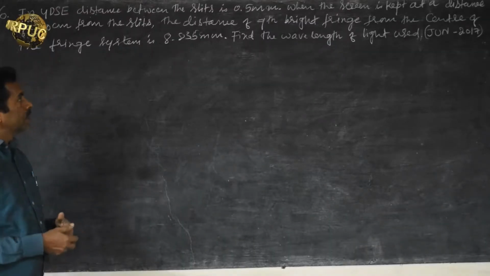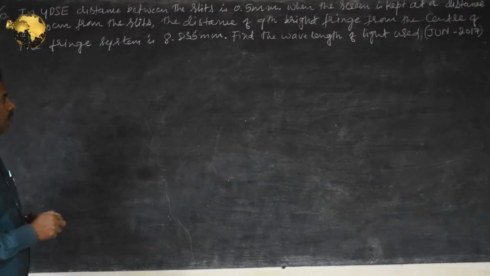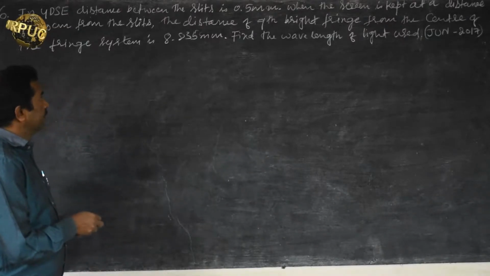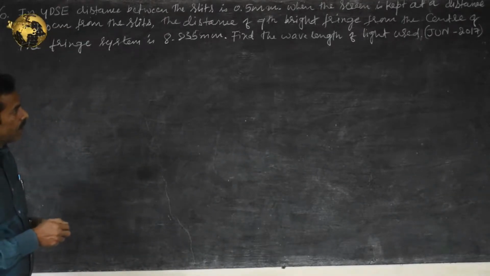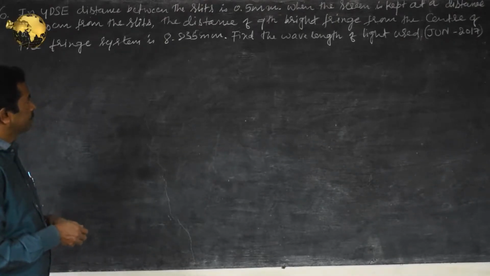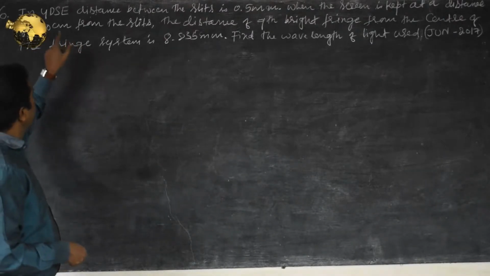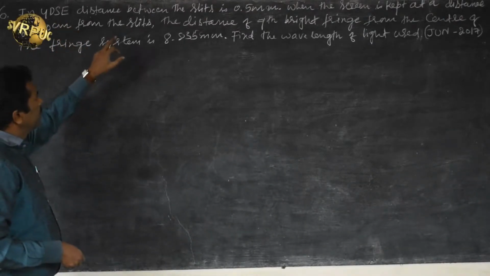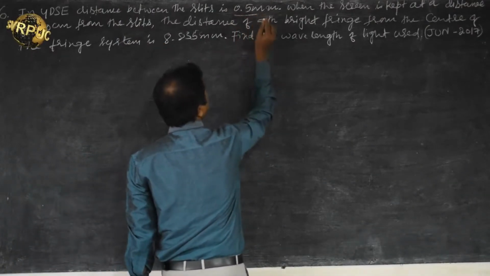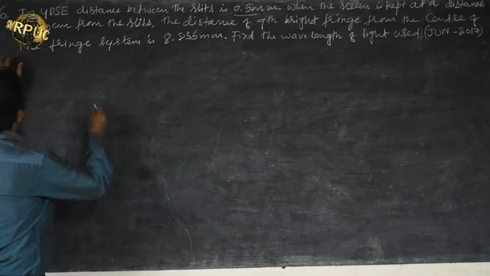Okay students, let us go to the next numerical from unit 7 and 8. This sixth question has been on screen June 2017. The problem is like this. In Young's double slit experiment, the distance between the slits is 0.5 millimeter, when the screen is kept at a distance of 100 centimeter.